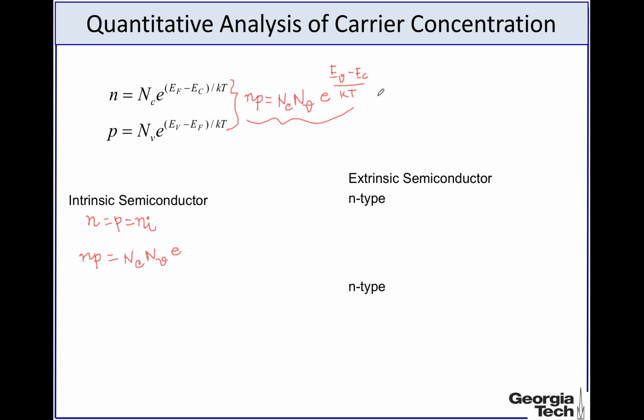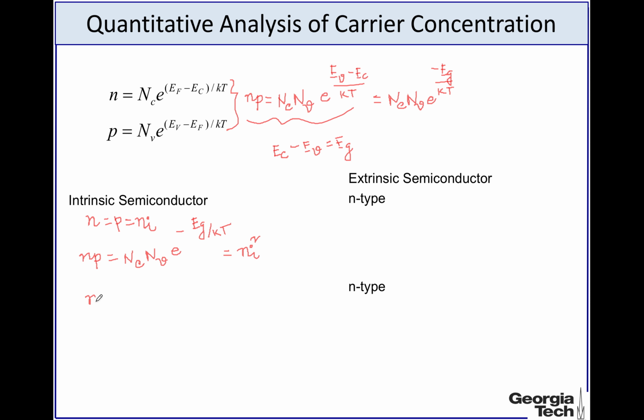One thing to note here is that Ec minus Ev is the band gap Eg. And for an intrinsic semiconductor this becomes Ni square.